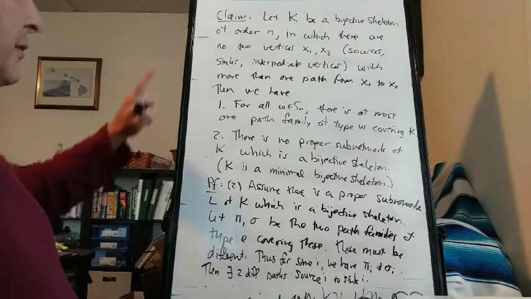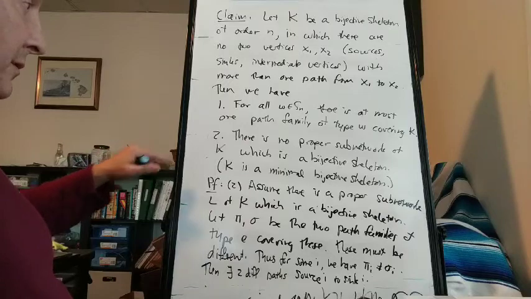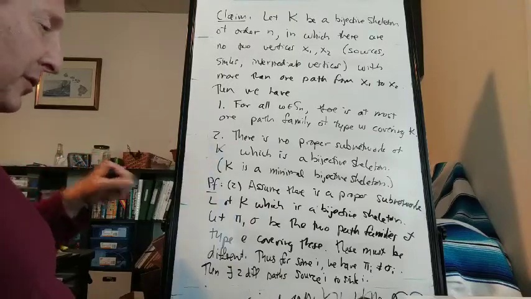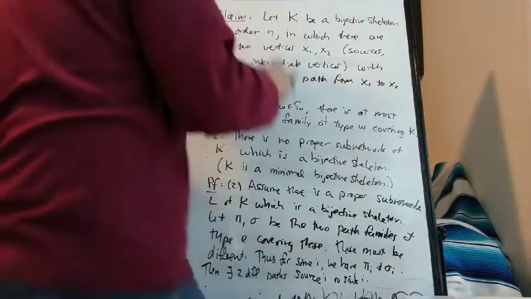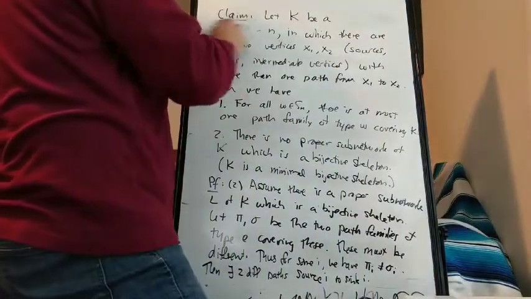All right, so let's call these minimal bijective skeletons because of this property number 2. Now I claim, let's say K is a minimal bijective skeleton.